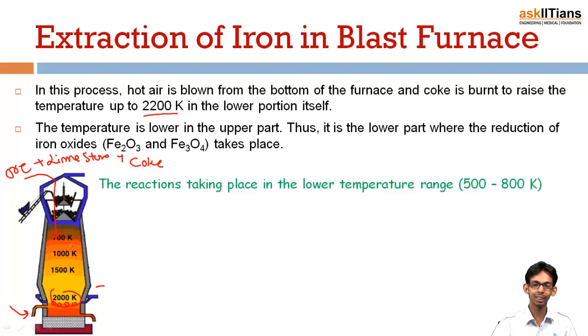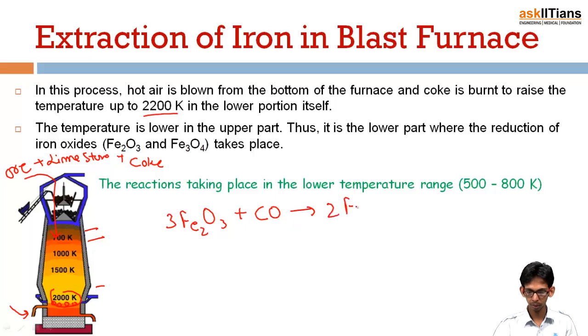The reactions taking place in the lower temperature range, that means 500 to 800 Kelvin, in the uppermost area, are as follows. First of all, the ore Fe2O3 added from the top reacts with carbon monoxide, which is formed by burning of coke at the bottom, and forms 2Fe3O4 plus carbon dioxide.